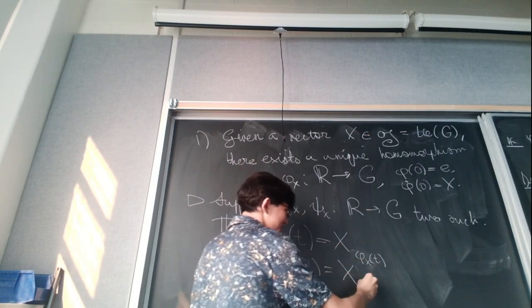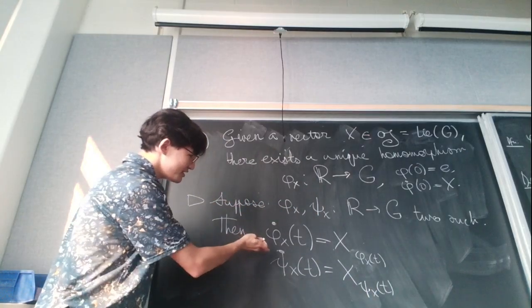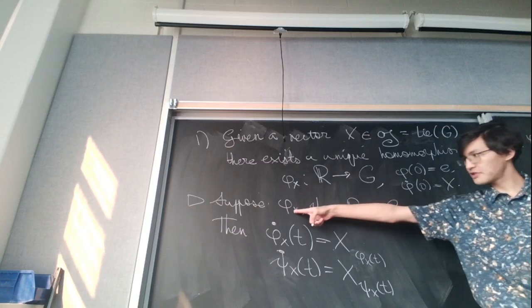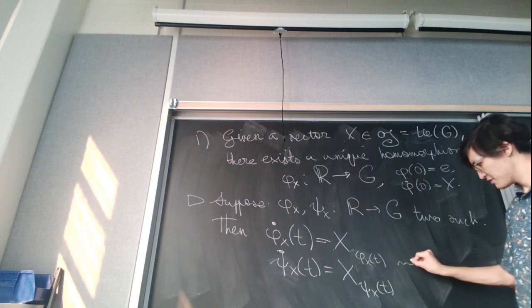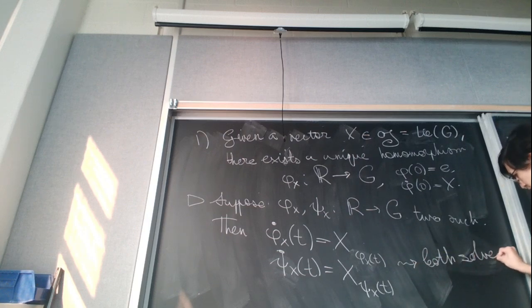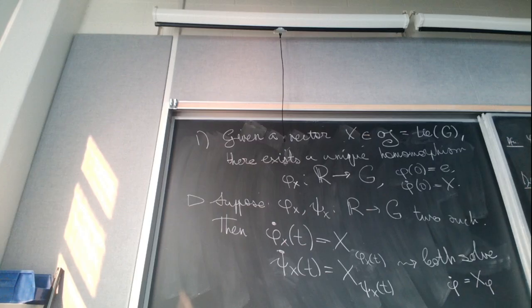They're at different points, but that's not a problem because you see that both of these curves in G solve the differential equation phi dot equals x, and they both have the same initial condition. Therefore, they are the same.